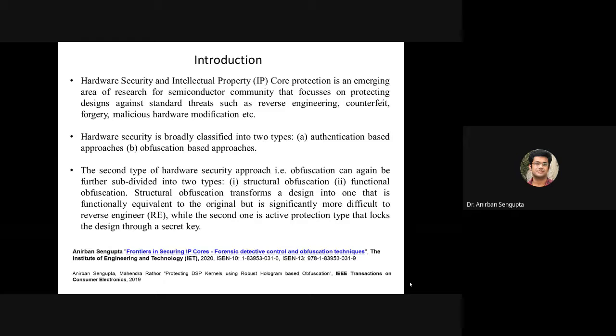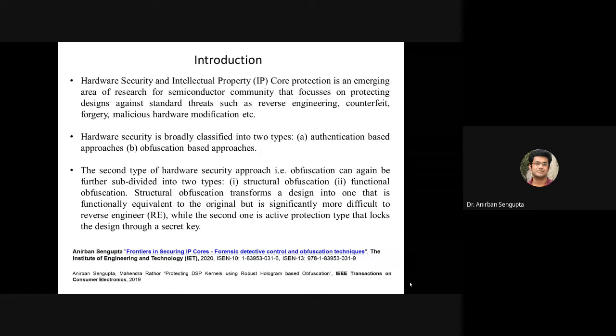As you know, IoT is a framework and combination of different types of things, which we call the Internet of Things. That could be IoT sensors, microprocessors, dedicated hardware, and so on. All of these hardware cores eventually need to be secured against external attacks. So my perspective is, if we think of securing these hardware, we need to understand what hardware security and intellectual property cores are.